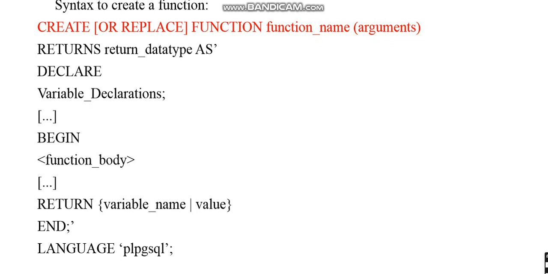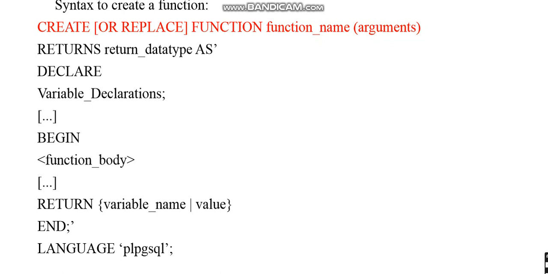Or replace is optional. It's up to the user whether they want to modify an already present function; then they write replace. Create is used to create a function. Replace is used to replace a function which is already present in the database.